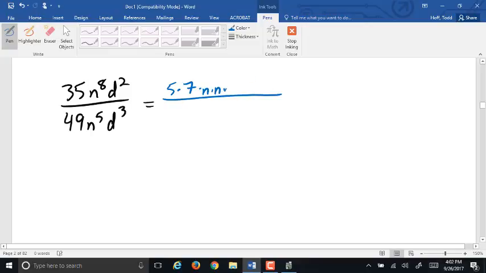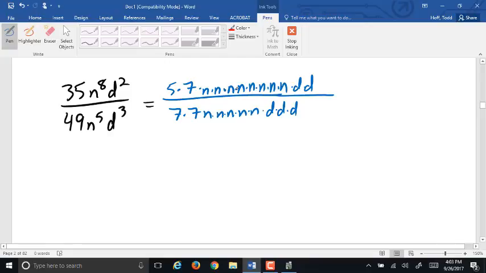Then there are 8 n's. Should really rethink what I use for exponents here. And there are 2 d's. 49 factors into 7 times 7. There are 5 n's and 3 d's.